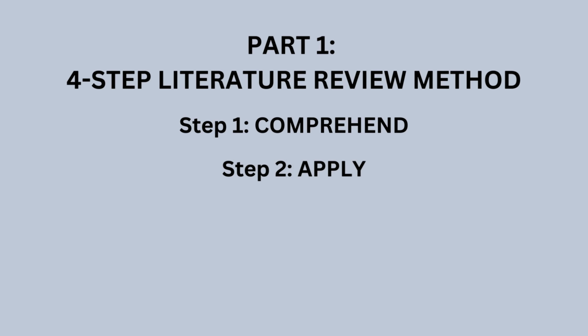Step 2, apply. As you familiarize yourself with commonly used concepts, theories, and ideas, start examining what each of these various approaches are actually saying about your area of interest. At the same time, you should make sure that you expand your mind map by drawing further branches and nodes. Essentially, what you need to do is outline how the different perspectives that you observed back in step 1 relate to your research interest.